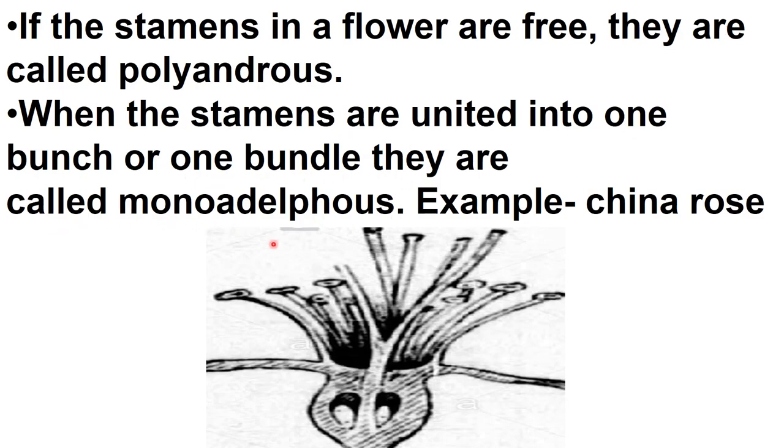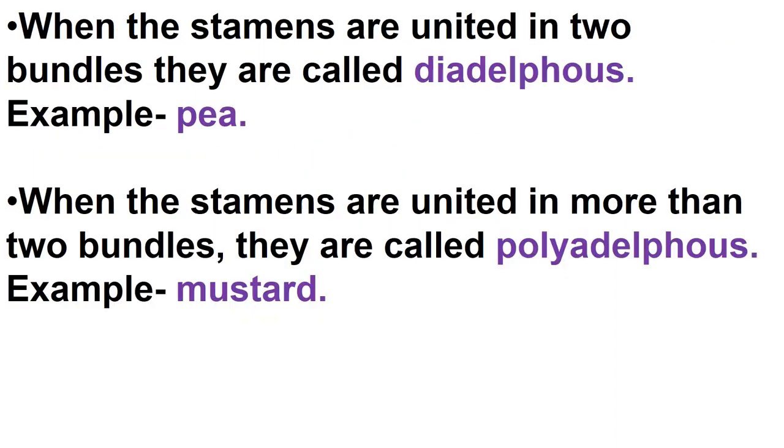When all these free stamens get united to form a bundle, that condition is called monoadelphous. An example is China rose.